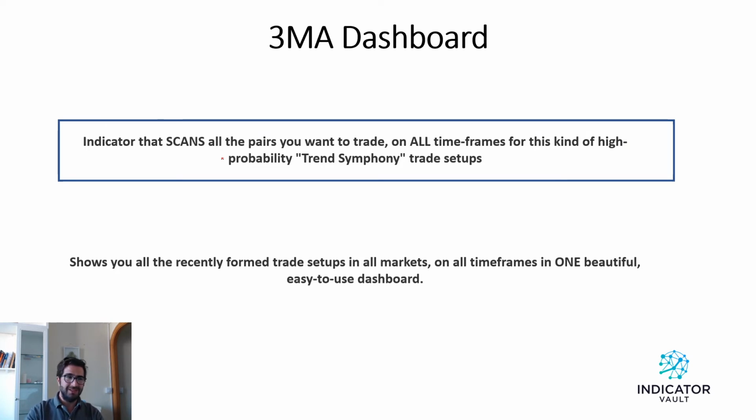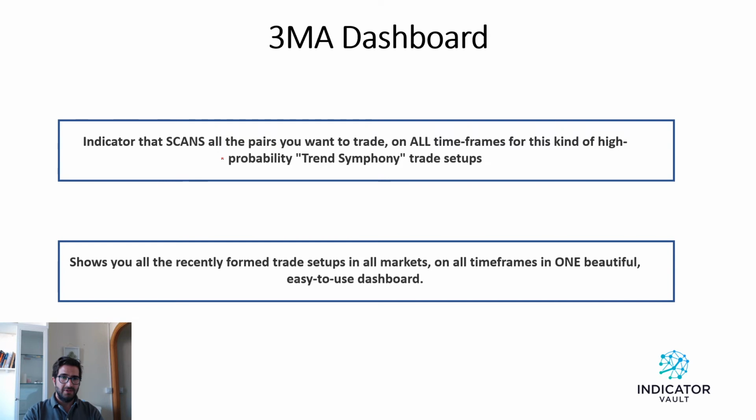You don't need to implement the Trend Symphony indicator each time you need to trade like I did. It automatically shows you on one dashboard all the pairs that you trade on any time frame. It shows you all the recently formed trade setups in all markets on all time frames in one beautiful, easy to use dashboard.